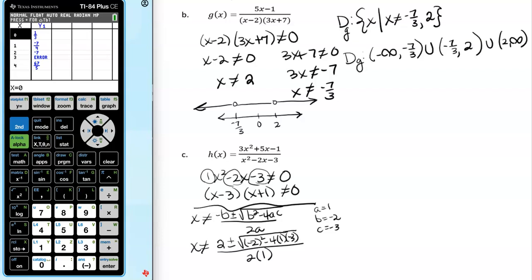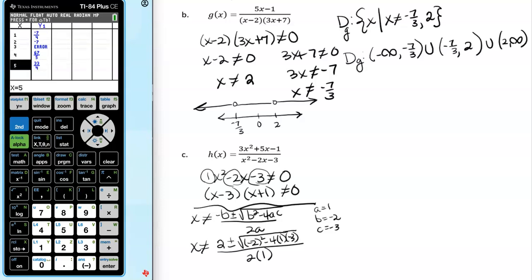Right here at 3, you see there's an error, so I know that x equals 3 is a place that it does not exist. Then x equals negative 1, I have an error, so that's a place that my function does not exist. So I would say those two are exclusions on my domain.